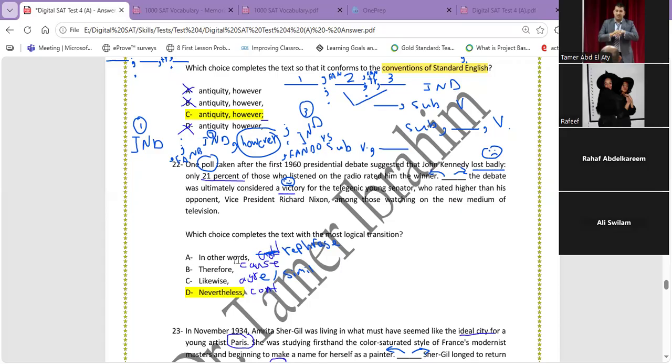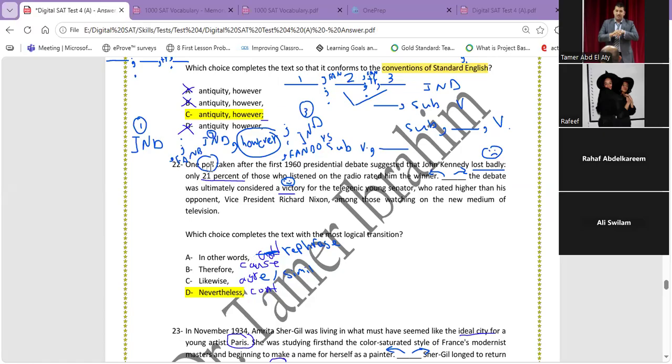So, in other words, rephrase. Therefore, cause and effect. Likewise, agreement or similarity. Nevertheless, contradiction. So what you're going to do, find the space, find the sentence before and the sentence after to find the function between them. Sometimes they give us two choices that have the same function. In that case, you put them aside. Don't cancel them. Put them aside.